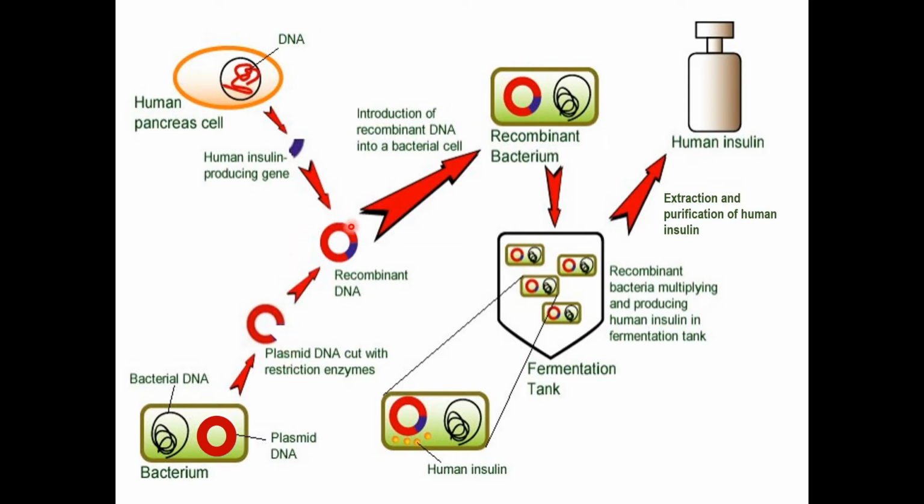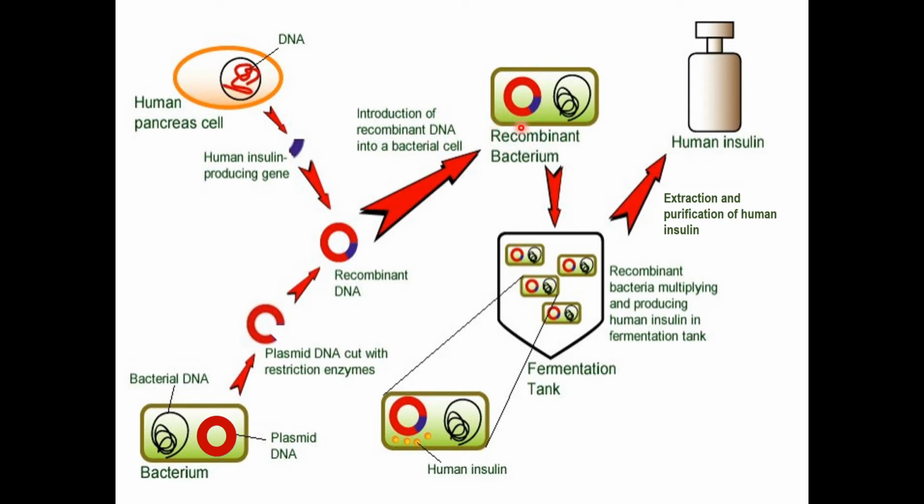Next, insulin gene is inserted into the plasmid to form recombinant DNA or recombinant plasmid. What happens next? This recombinant plasmid is reintroduced into the host cell, which is bacteria or E. coli, by transformation.